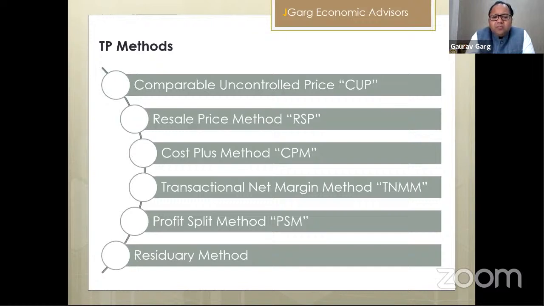Then the next method comes, the resale price method. The resale price method is a method which we use to remunerate a trading transaction in the group, and the trading entity should not be adding much value to the product. For example, let's say we have a manufacturing unit in KSA, in Saudi, and that manufacturing unit has all kinds of intangibles.